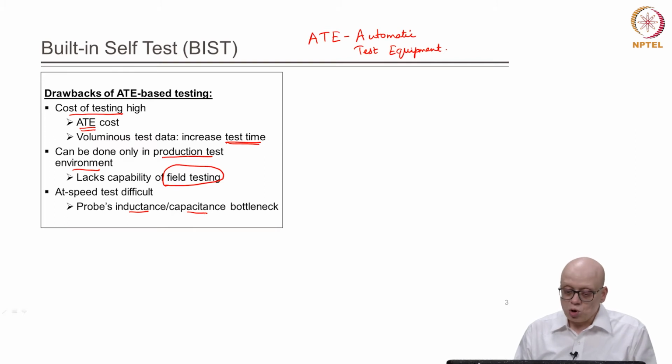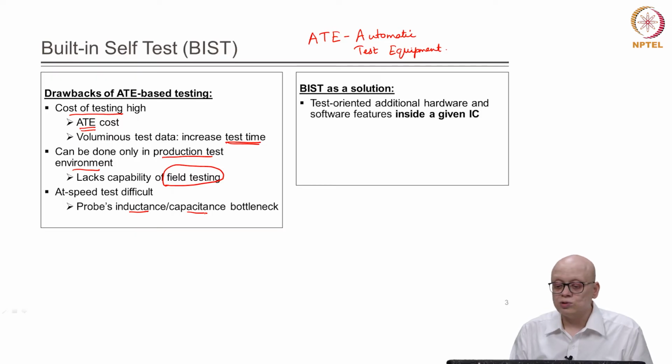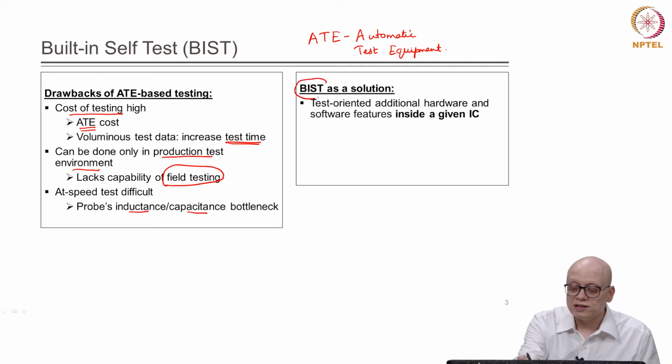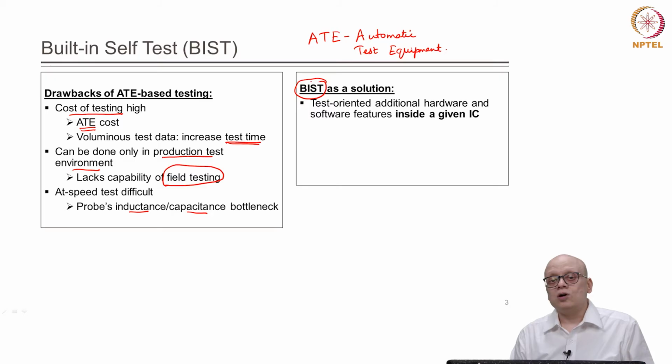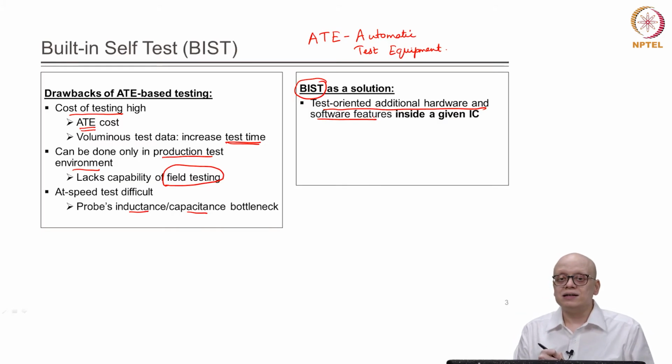So, as an alternative, another type of testing known as built-in self-test or BIST is also commonly used for integrated circuits. Now, in BIST what do we do? In BIST we have test-oriented additional hardware and software features inside our integrated circuit.